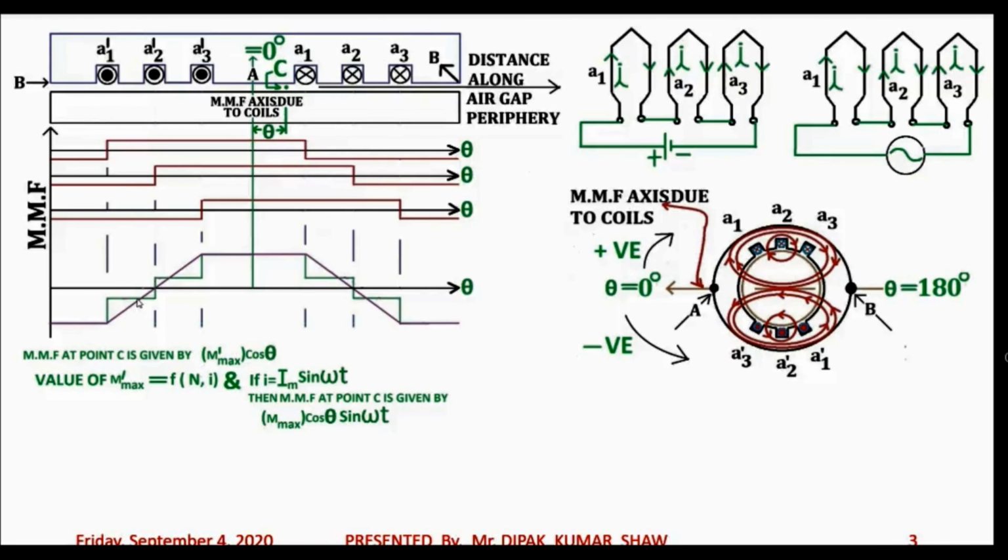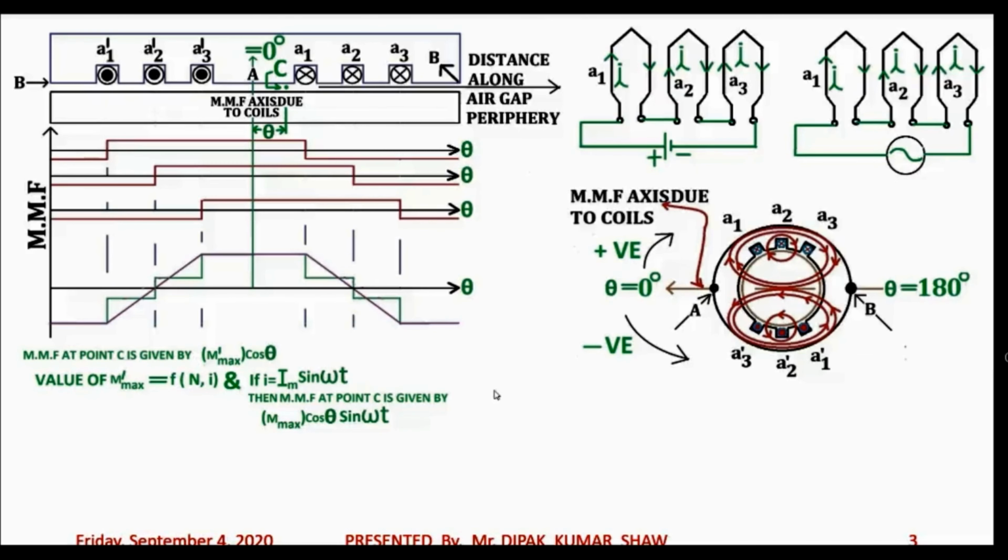Although here it is shown to be wide, actually this slot pitch is very narrow. So the width of each step also becomes very narrow. That is what justifies approximating this stepped MMF waveform by a trapezoidal MMF waveform.